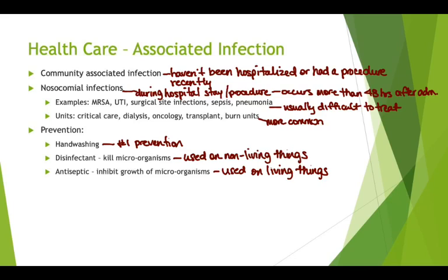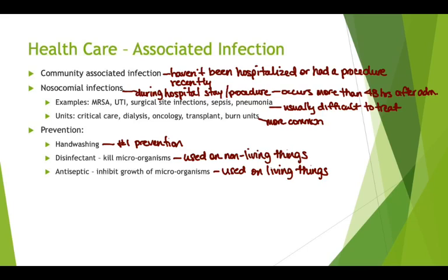The units in the hospital that have the most health-associated infections are going to be your critical care units, because of course that's where you have your most immunocompromised patients. Your dialysis unit is going to be another one. Oncology units, transplant and burn units.